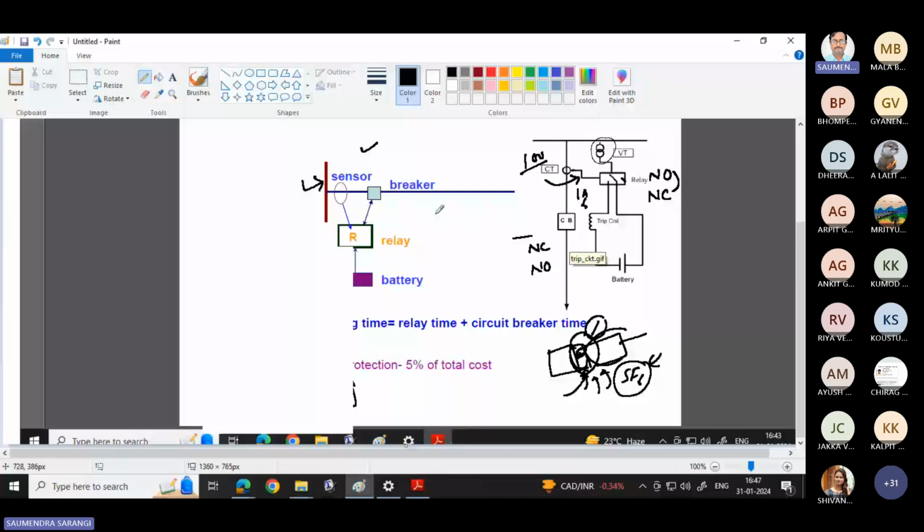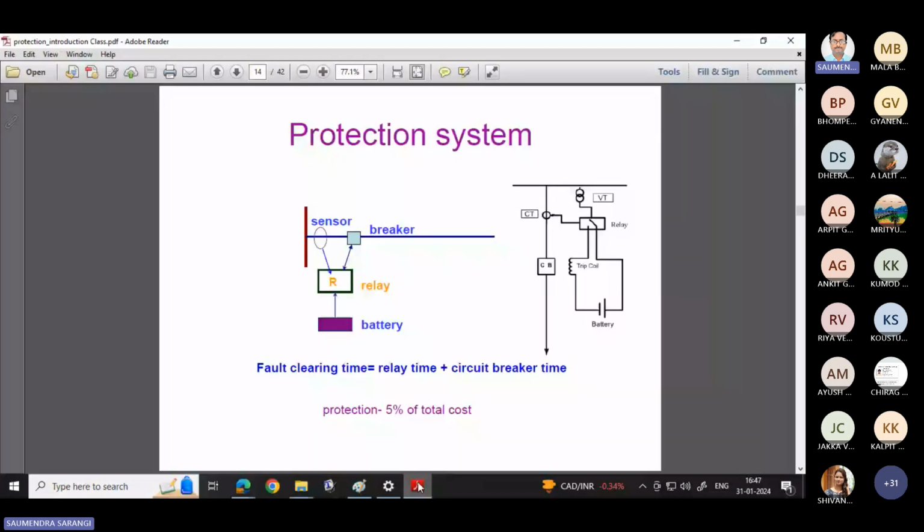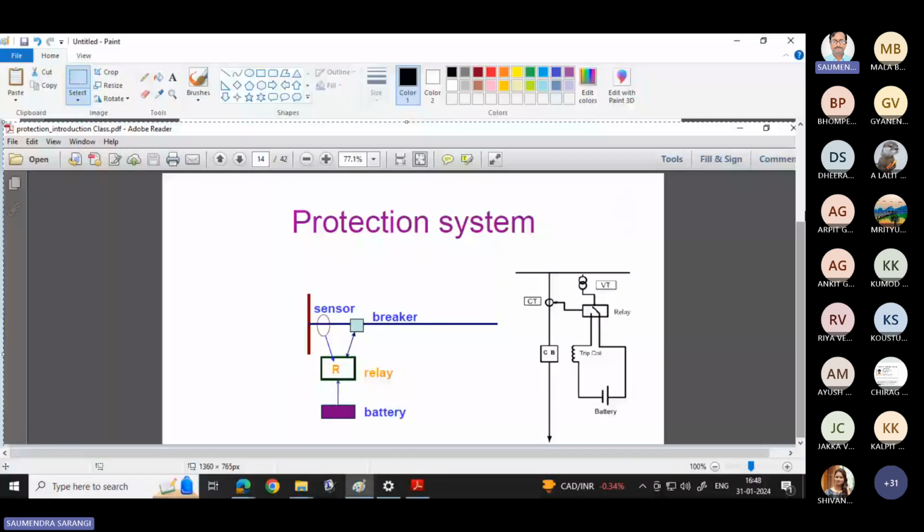So whenever we are putting relays in our system, if it detects the abnormal operating condition as a fault, basically we will be losing the reliability of our system.